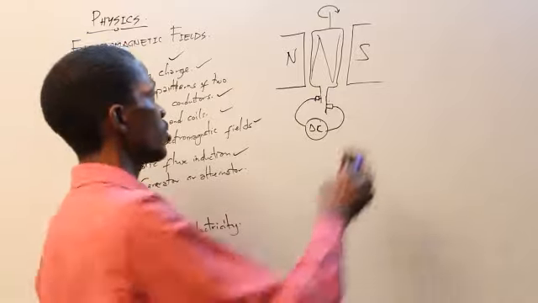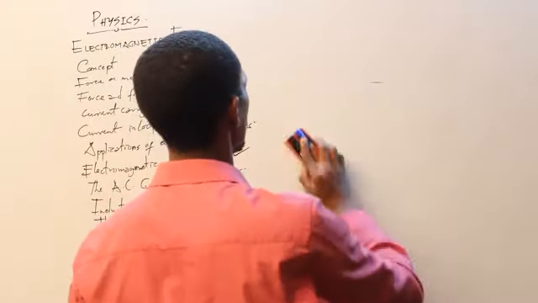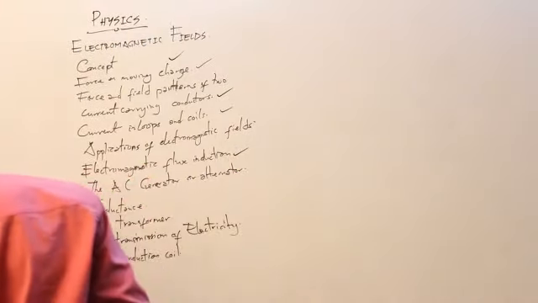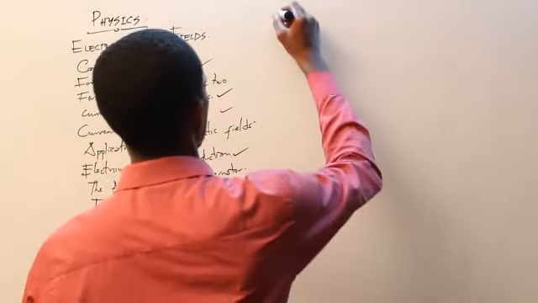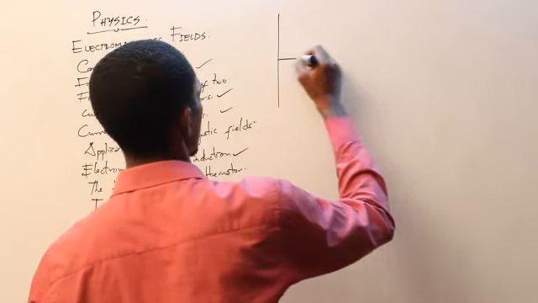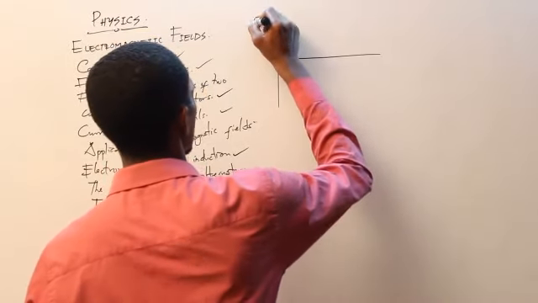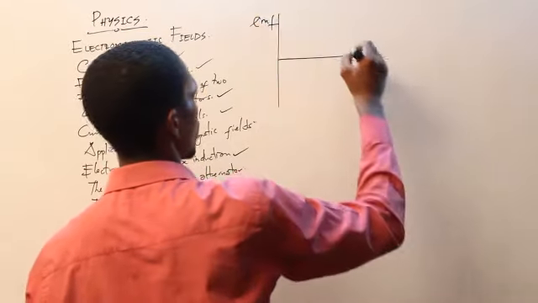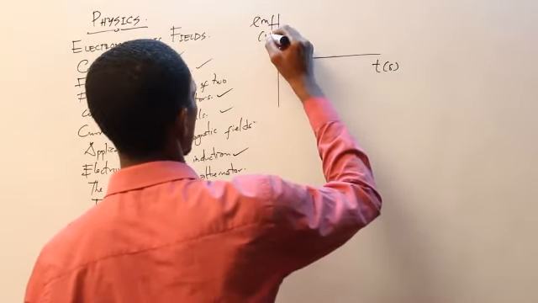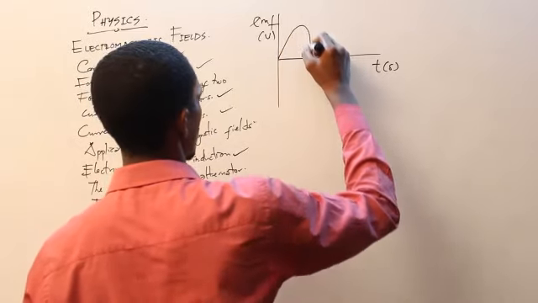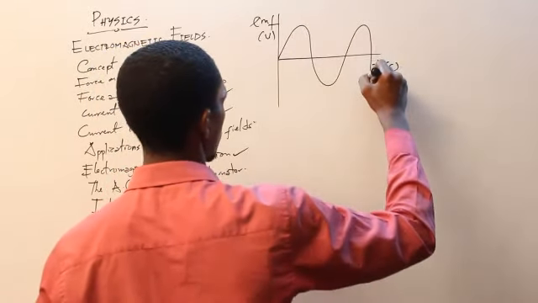Your AC generator has a waveform like this, EMF in volts against time in seconds. That's the waveform of this, something like this.